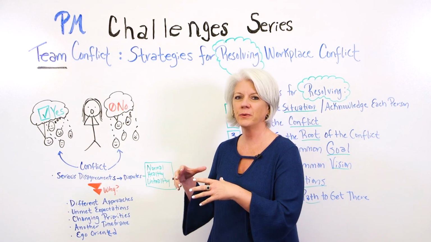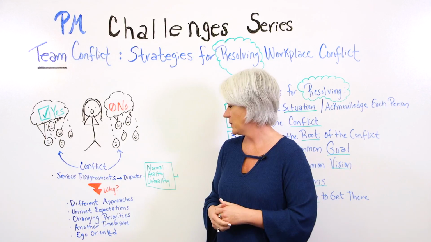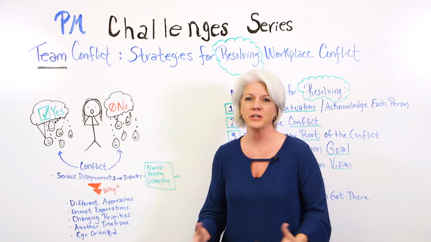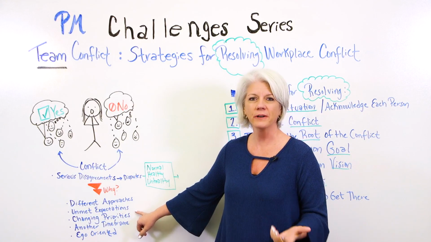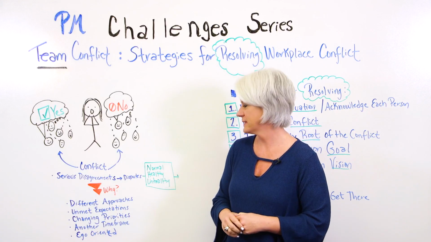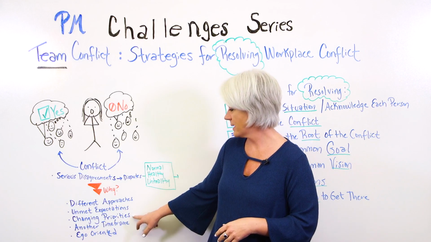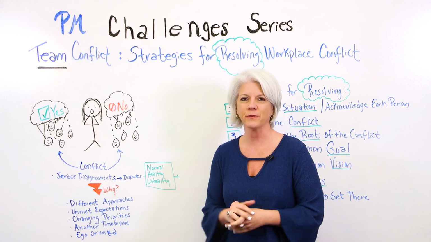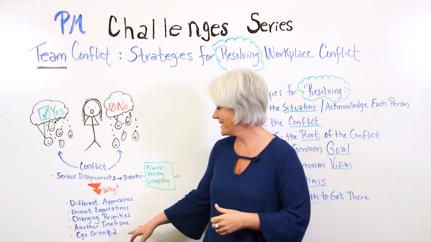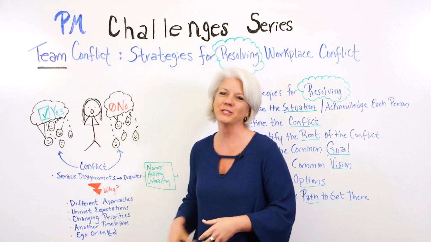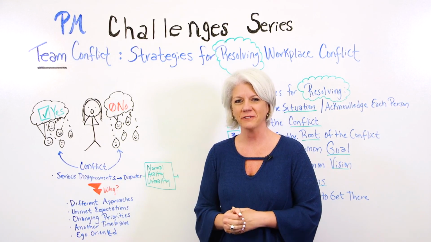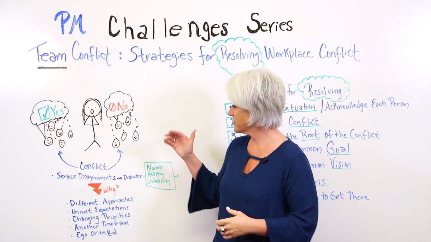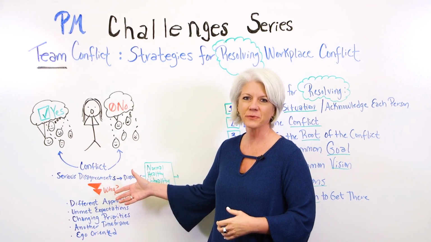Maybe there are people on the project or the leadership of the project, and their priorities change, and that causes conflict for some people. And then maybe different people have different time frames for finishing things. And then sometimes it can be just straight up ego or selfishness. So again, these are why the conflict arises.